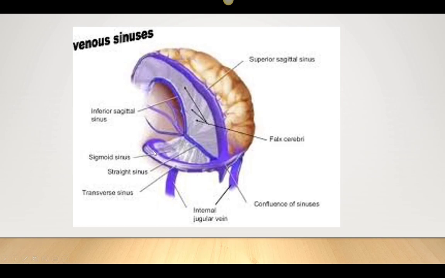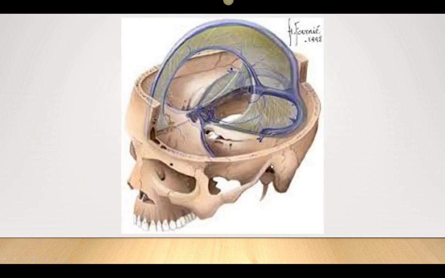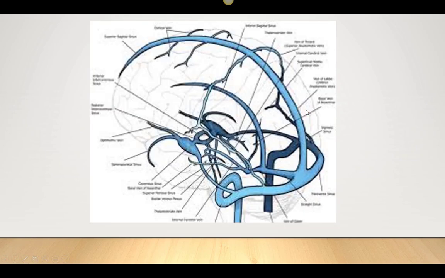You see that this transverse sinus becomes sigmoid sinus and then continues to become the internal jugular vein here. This is also showing the positions of the falx cerebri and tentorium cerebelli inside of the skull. Again, you see all the same structures, and you see the transverse sinus that here becomes the sigmoid sinus and then passes through the skull here, through the jugular foramen.